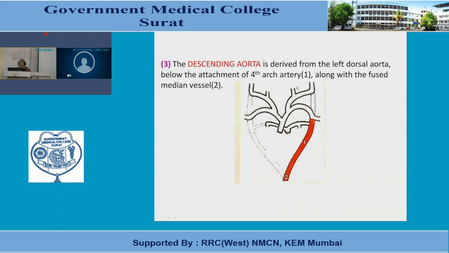The descending aorta is derived from the left dorsal aorta, number 1, at the attachment of the fourth arch artery, and number 2, along with the fused median vessels. Both of these together develop the descending aorta.